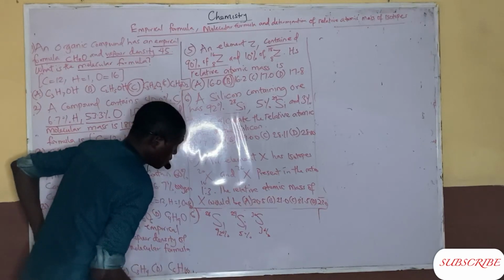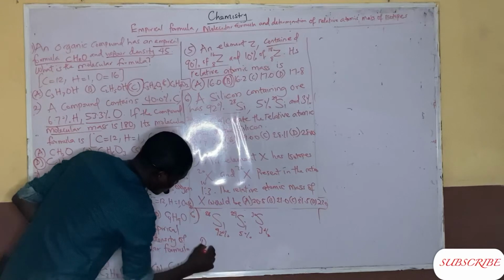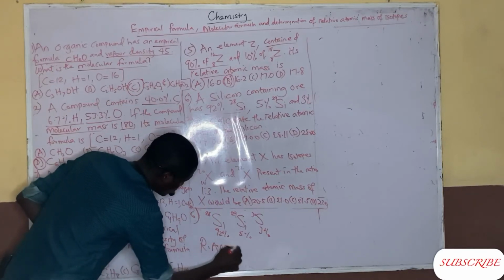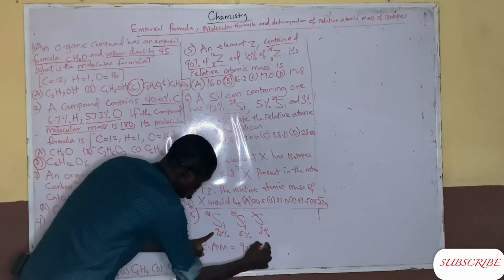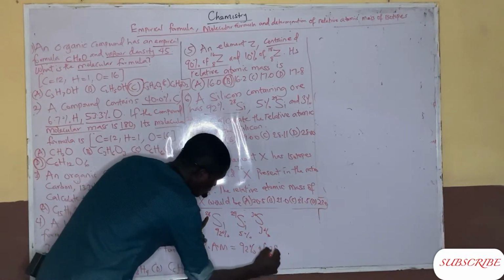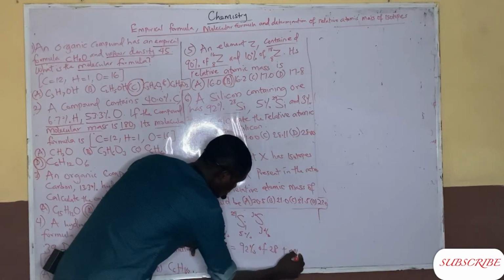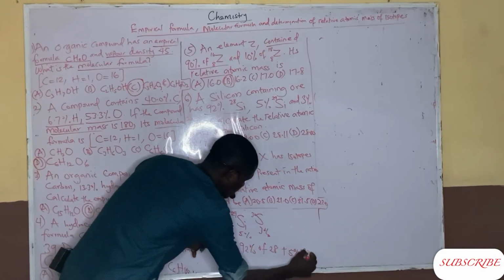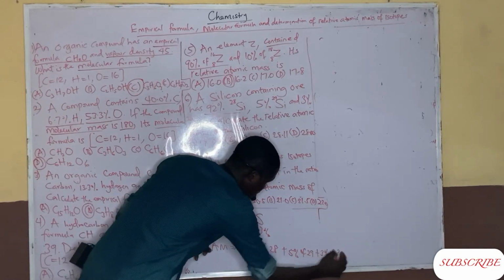So how do we go about this? We want to calculate the relative atomic mass. It will be the same procedure: 92% of the mass number of the first, plus 5% of 29, plus 3% of 30.